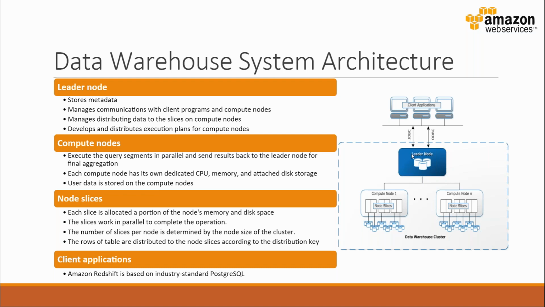Once the request arrives, the leader node will receive it and perform some tasks. What are those tasks? For example, I ran a particular query. It should make sure that I, the user logging into Redshift, have access to those database objects. Otherwise, it should not allow me.